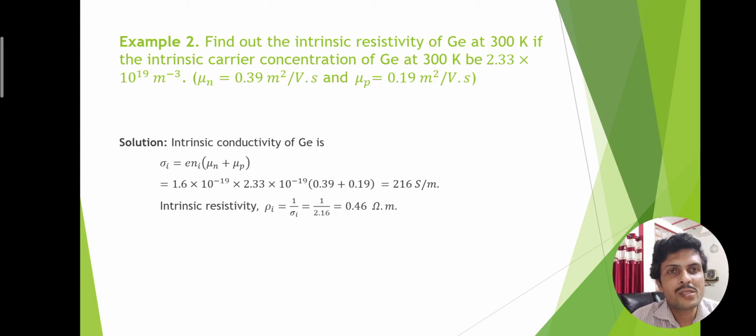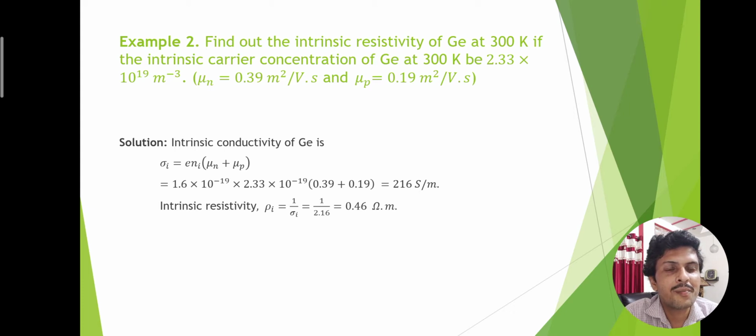So remember, this is 1.6 into 10 to the minus 19 coulomb, and therefore from this you can get the conductivity as 216 S, where capital S stands for Siemens per meter.